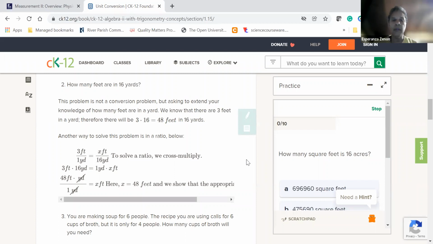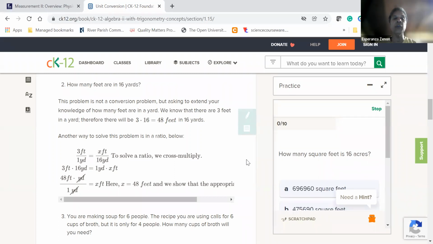So 3 feet is to 1 yard, as X feet is to 16 yards. So what they're saying is, I'm using the conversion factor that's 3 feet in 1 yard, and then I'm going to use these equivalent ratios to figure out what number of feet will make 16 yards.